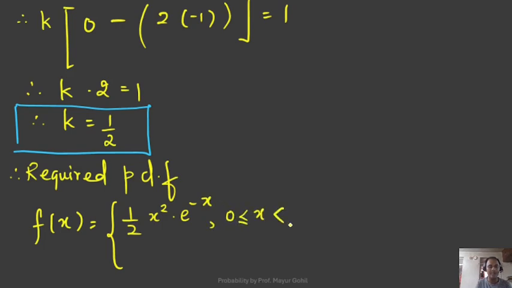You can put less than infinity as an extra part, but it's okay if you do not put infinity there. Otherwise it is 0. So this is the required PDF for x.